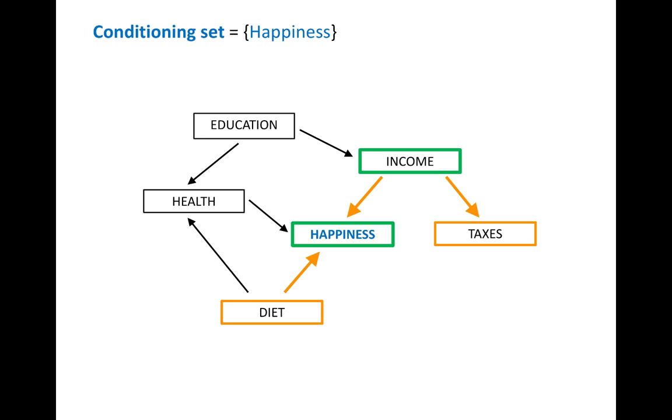If we only include happiness in the conditioning set, happiness will turn into an active node, while income will remain as an active node. If we only include income in the conditioning set, income will flip into an inactive node, while happiness will remain as an inactive collider. And finally, if we include both happiness and income in the conditioning set, both variables flip status. Happiness, a collider, becomes active, and income, a non-collider, becomes inactive.